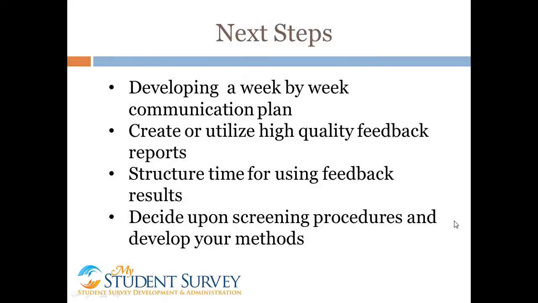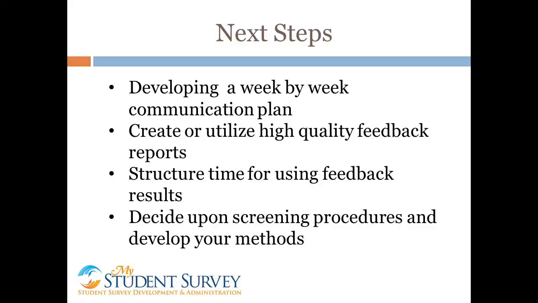So in terms of the next step of putting these together, a lot of this is a week-by-week communication plan, thinking about what's going to go out, where we're going to be in the field, when our Q&A sessions are. Having that week-to-week plan will allow you to backdate from your survey administration to really have that specific communication plan. The second piece is thinking about how to create on your own, using some of the characteristics, or utilize high-quality feedback reports from organizations that provide them.